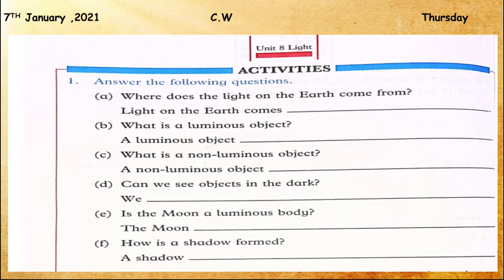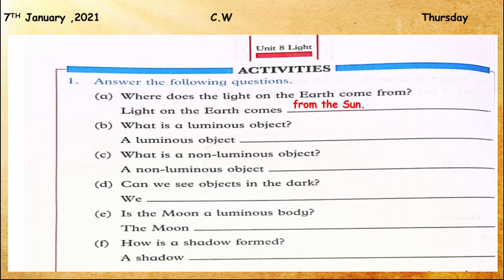So first of all, we will do question number 1 on page number 50. Question number 1 is: answer the following questions. Question A. Where does the light on the earth come from? What do you think?